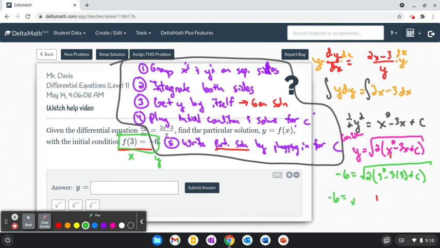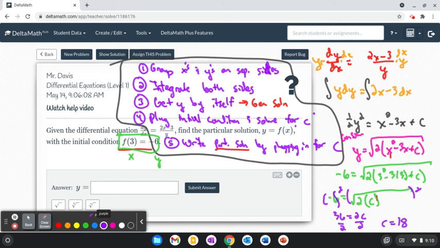Negative 6 equals the square root of 2 times, that'll be 9 minus 9, right? So that's actually going to be 0 plus c, so that's just c. And then let's square both sides. So we get 36 equals 2c, and then divide by 2 to get c equals 18.